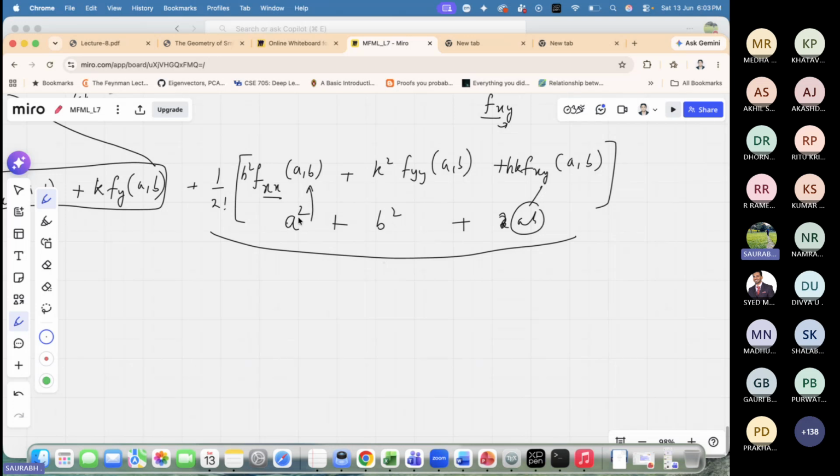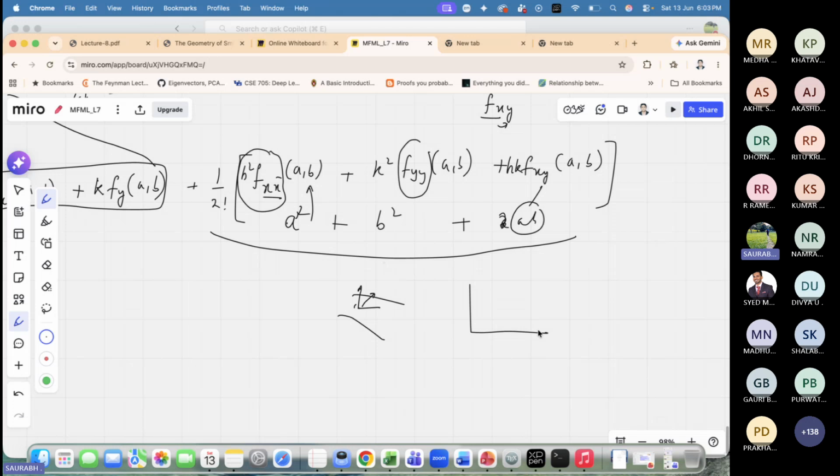Intuition-wise, first is the double derivative in the x direction, then the double derivative in the y direction. But if you think about x and y, it's not only the derivative in the x direction or y direction. There could be a rate of change in the combined direction as well.